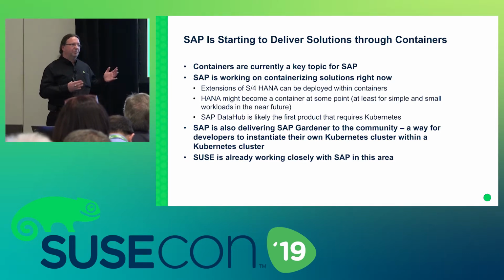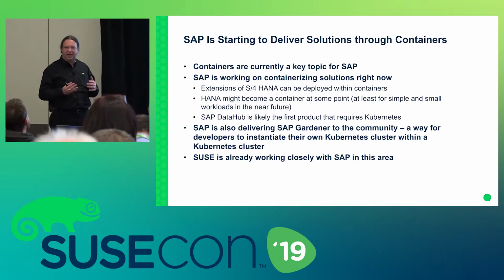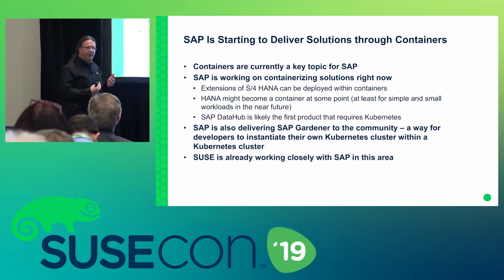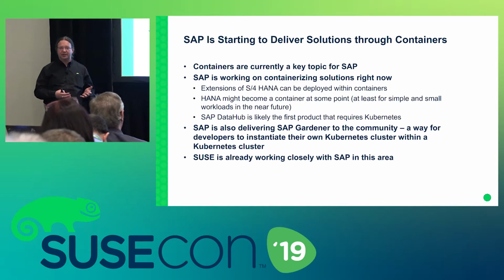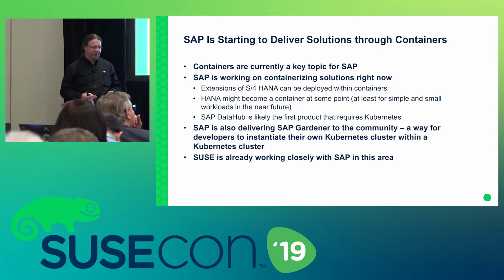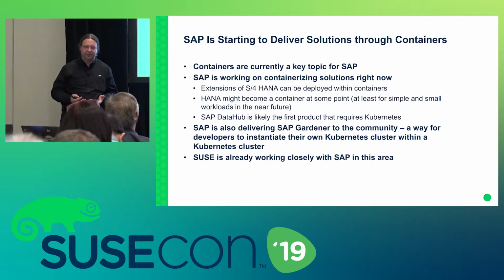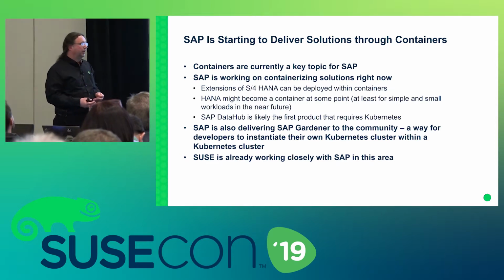Which means put your extensions, if you can, not on top of the application server, the ABAP stack, but if it makes sense, put them into a container. That's what Leonardo, Fiori, and a lot of these things start to enable, that you can basically put an extension.